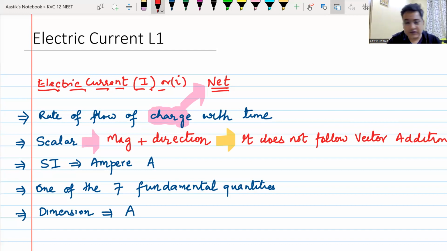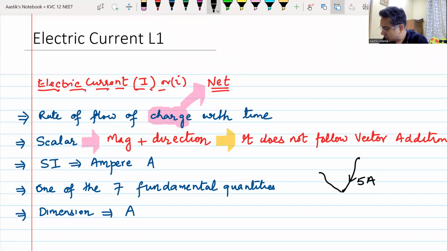How much current will go in the next branch? If I ask you that, I can do it here only. 5 amperes of current is coming from here. 6 amperes of current is coming from here. How much current will be there in this branch?